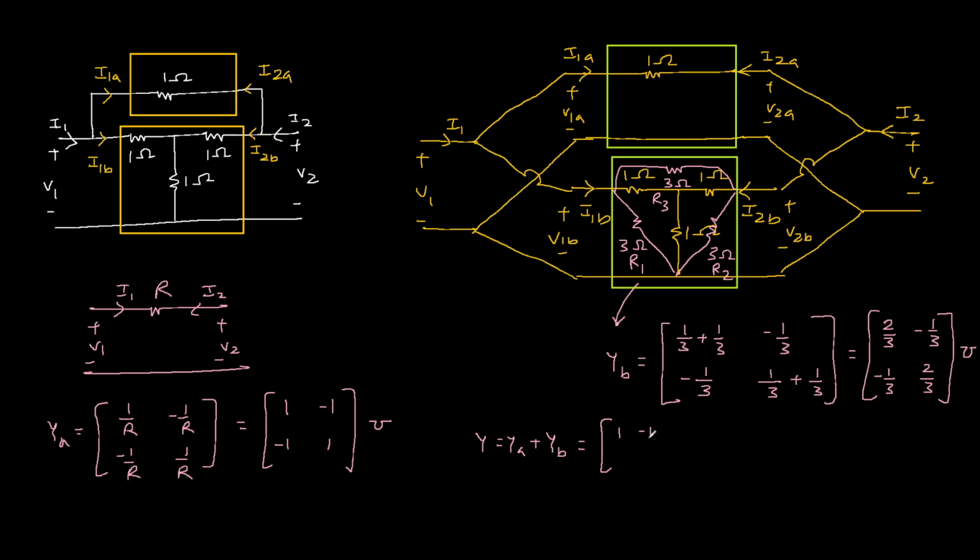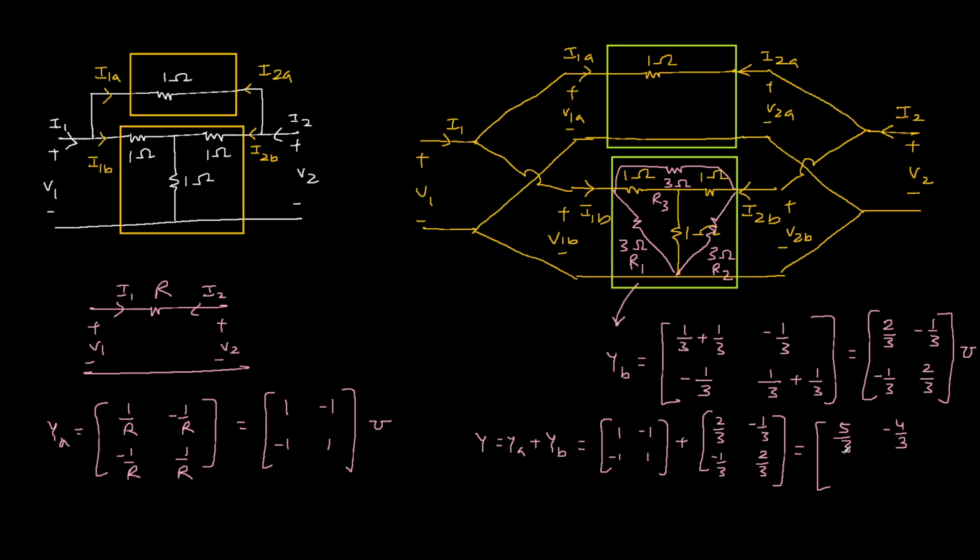So 1, minus 1, minus 1, 1 plus 2 by 3, minus 1 by 3, minus 1 by 3 and 2 by 3. Now take the addition of these two matrices. So 2 by 3 plus 1 is 5 by 3 and minus 1 by 3 is minus 4 by 3.